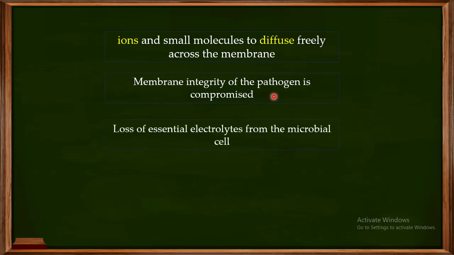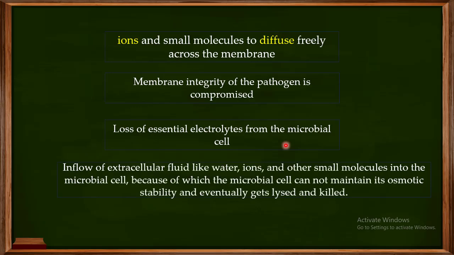Now, when the pathogen loses essential electrolytes from the microbial cell, this is going to lead to the death of those particular cells. Now this is one phenomenon, that things are going to leak from the pathogen cells. Secondly, the inflow of the extracellular fluids like the water, ions, and other small molecules into the microbial cell is going to not allow the microbial cell to maintain its osmotic stability, and eventually the pathogen gets lysed and killed.